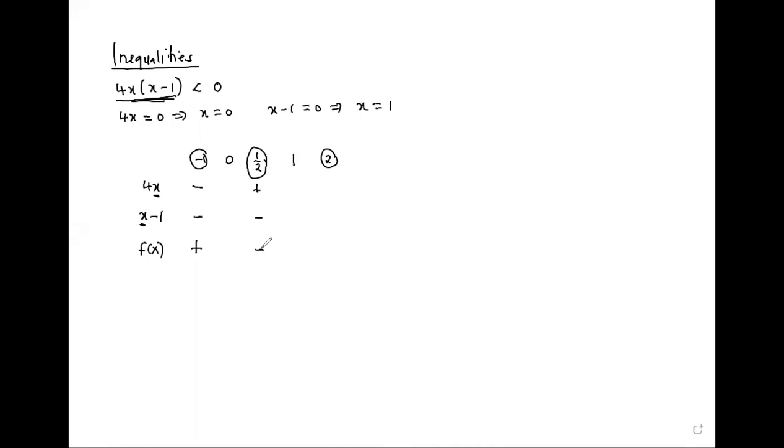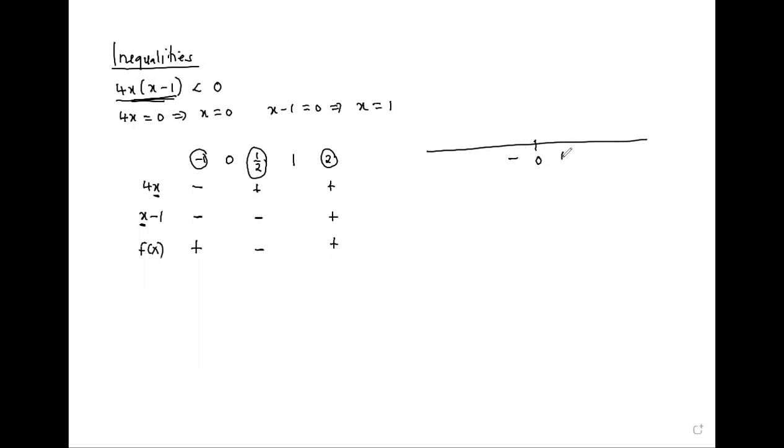If you take 2, you get 8, which is positive. 2 minus 1 is 1, which is positive. Positive times positive, you get positive. If you hear that a number is less than 0, all the numbers that are less than 0 on the number line are negative numbers. Just any slight movement to the left, you're in the negative direction.